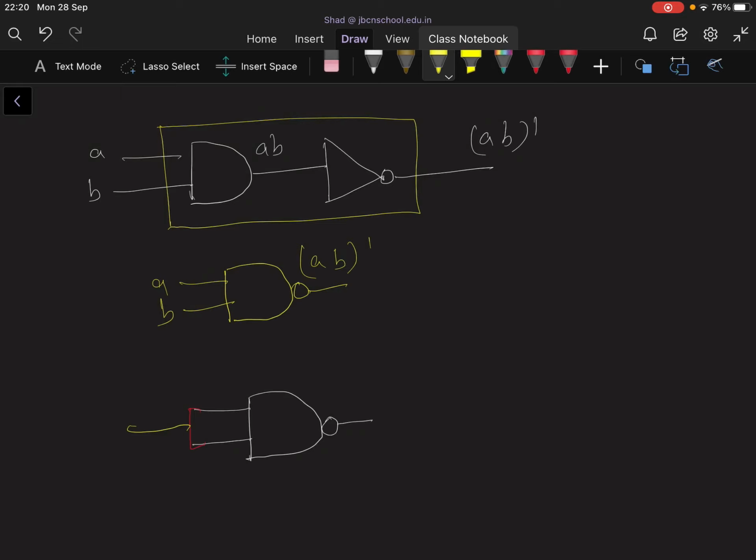Let's draw something to explain. AB gives you the complement, right? What you have seen before with the NAND gate.